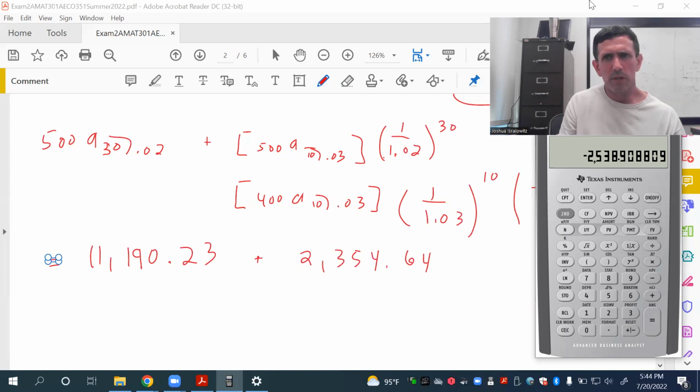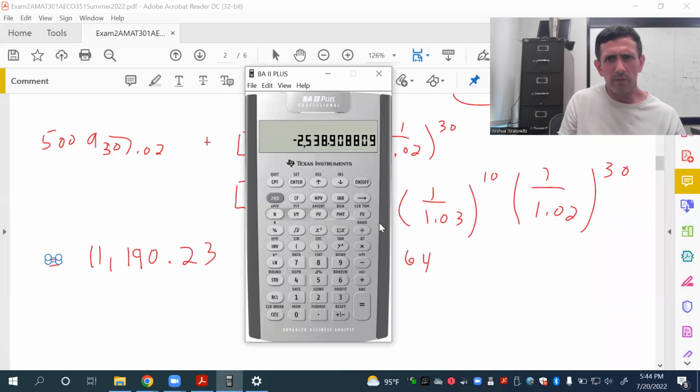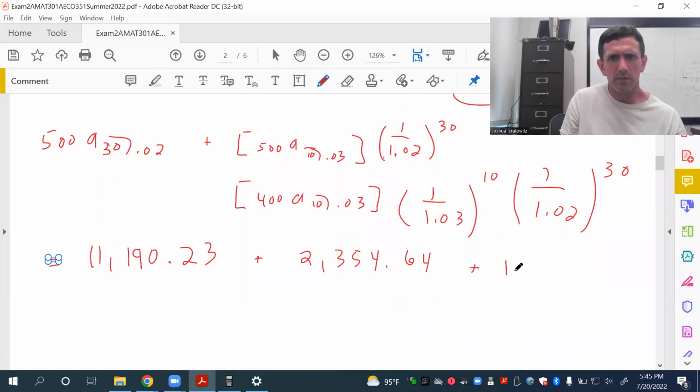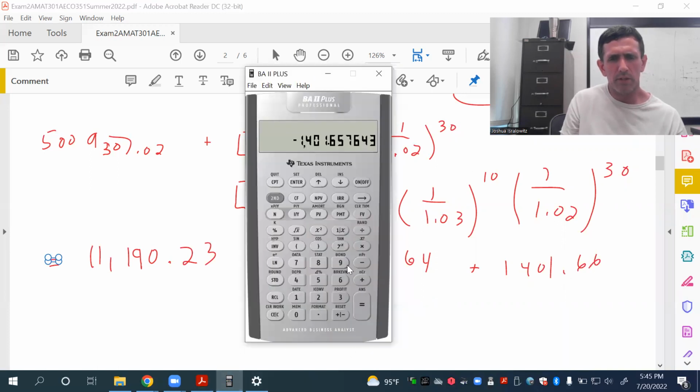Move this out of the way. And then times 1.02 to the minus 30. 140,166. So it didn't save the second one, but that's all right.